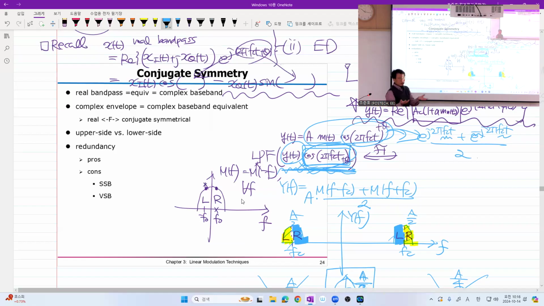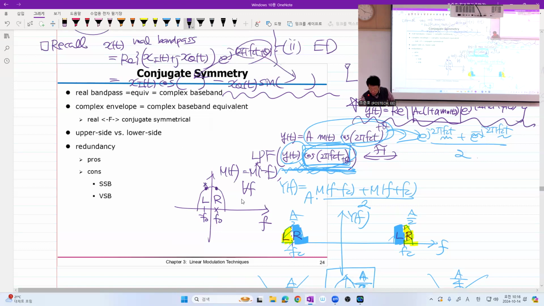Do we really need to transmit all of them? Obviously, the message is not only transmitted in the lower sideband, but also in the upper sideband. What if at the transmitter, we could remove either the upper sideband part or the lower sideband part?